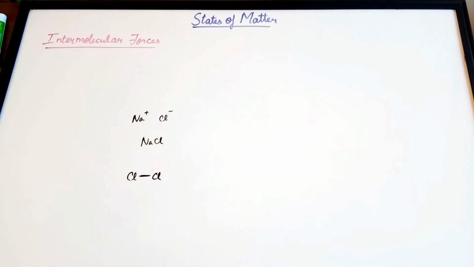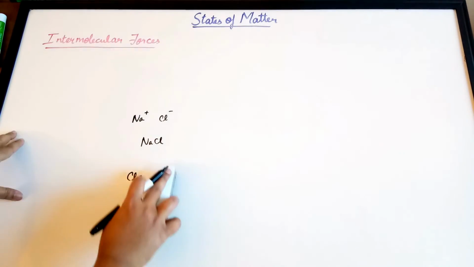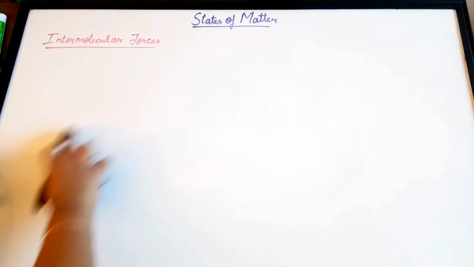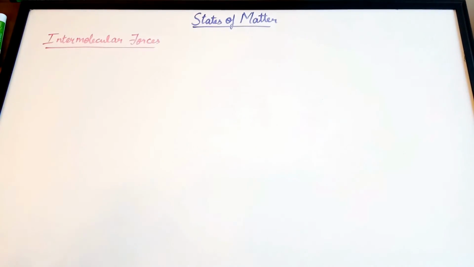So as I told you, it's divided into polar and non-polar. Now the reason all of this is important is because when scientists were trying to convert non-polar gases to liquids, they were able to liquefy them, but they were trying to understand what were the various forces which had come into play.